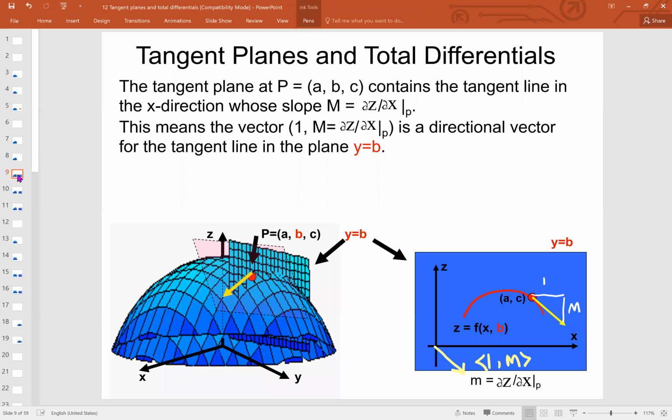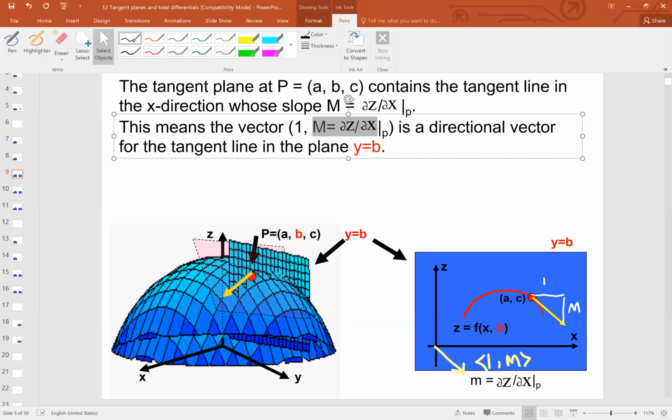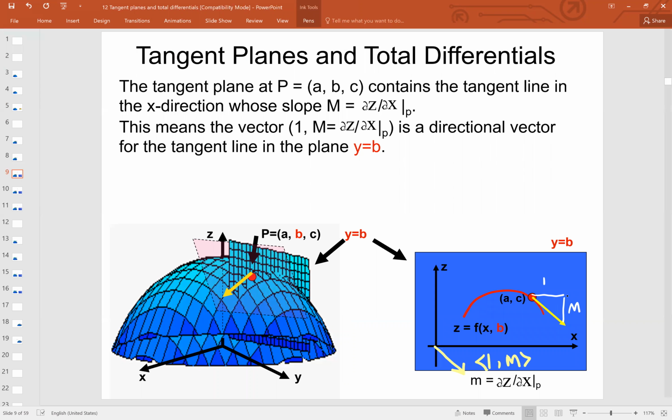If partial x is equal to m, then on the cross section of the plane y equal to a constant, I have these 1 to m ratios of the directional vectors on the plane.